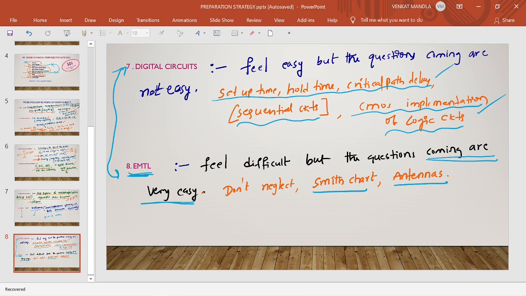Okay, you cannot neglect Smith chart. Sometimes they will give you questions from this Smith chart, sometimes they will not, but be ready if the questions come. Okay, so you cannot neglect. And the Smith chart is not a circular plot. Okay, it is a rectangular plot.